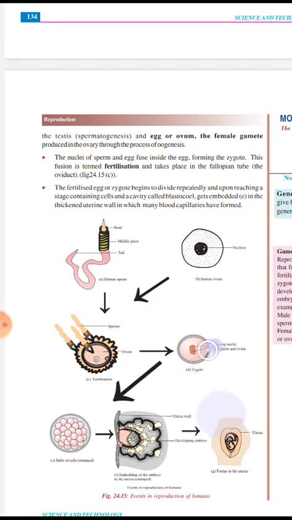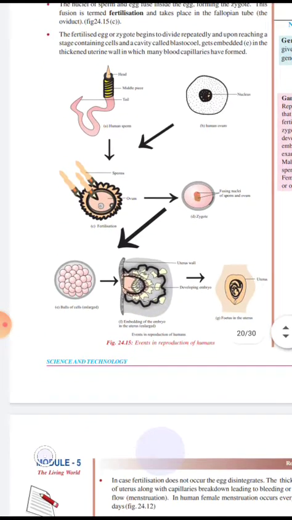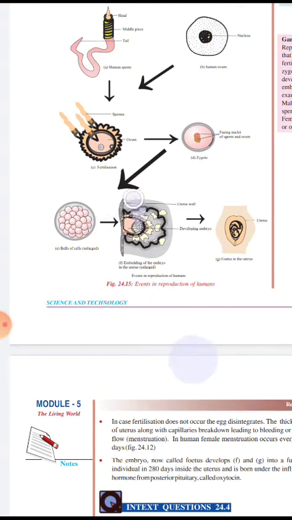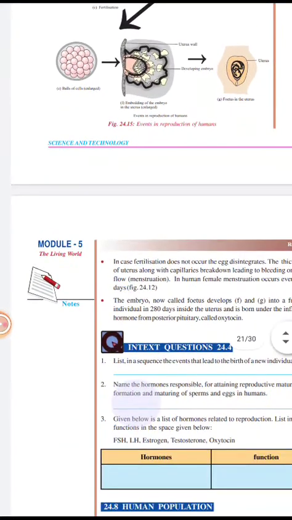Let's say there is no sperm, so there is no fertilization, and there is no attachment of the blastocyst. So the uterine wall that prepared itself for the attachment gets disintegrated, and the blood capillaries in that uterine wall disintegrate and bleeding happens. That is what is called menstruation. This happens once in 28 to 30 days in females. If there is fertilization, there will be no menstruation. That you have to remember.